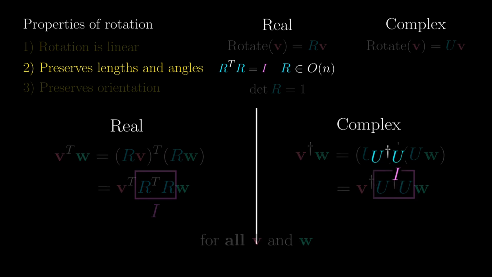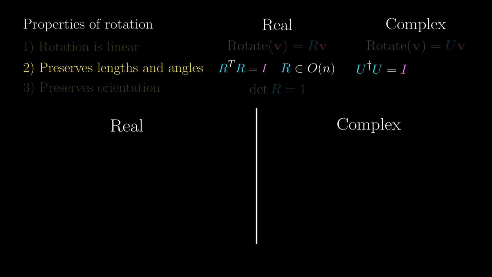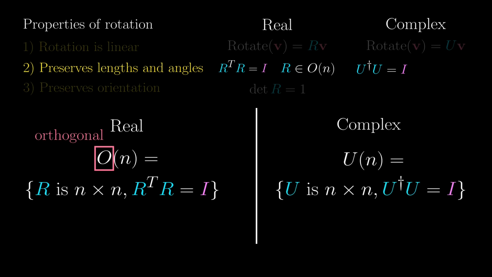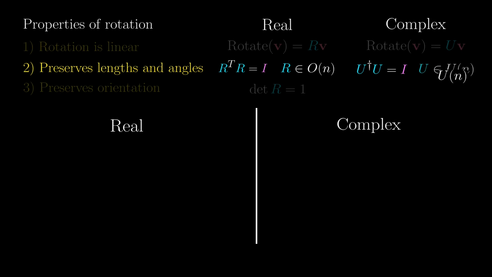Remember that we use the notation O(N) to include all matrices with R transpose R being the identity, with O standing for orthogonal. We want to denote the set of all matrices with U dagger U being the identity as U(N), with U standing for unitary. So for the second property, we can write it as the matrix U being in U(N).